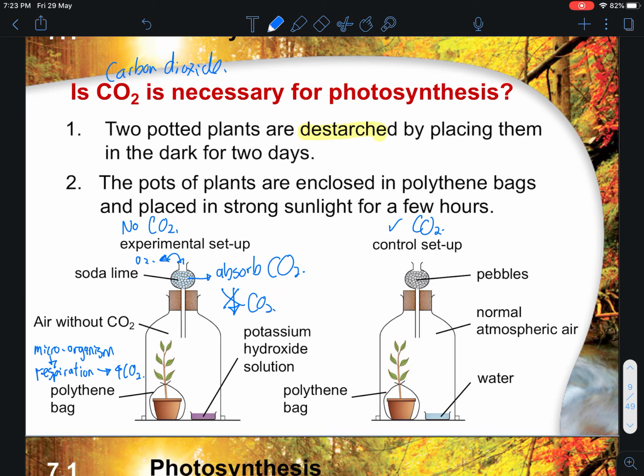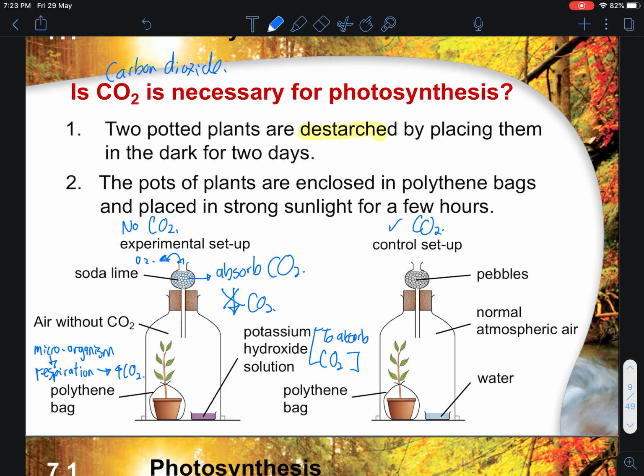Potassium hydroxide solution is used, I'm sorry, it's not so much for testing, but actually to absorb your carbon dioxide gas.